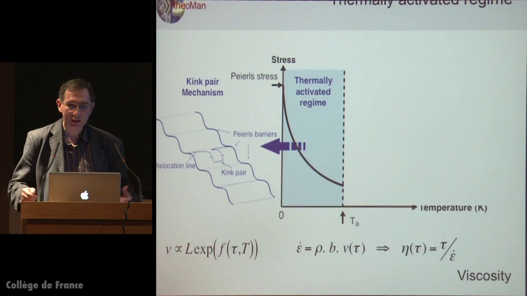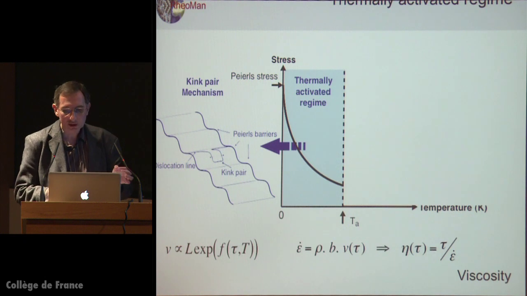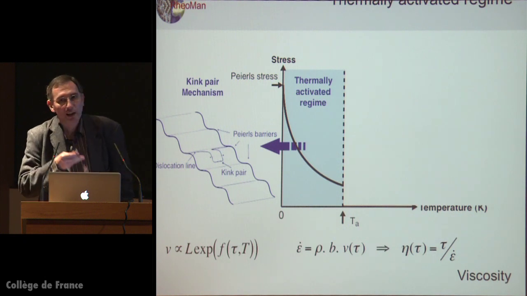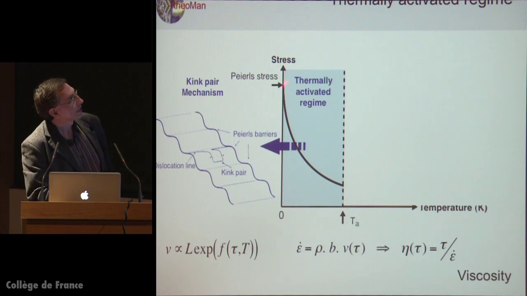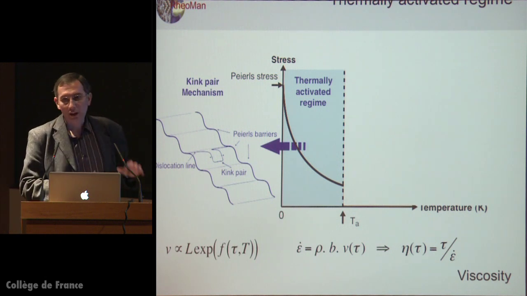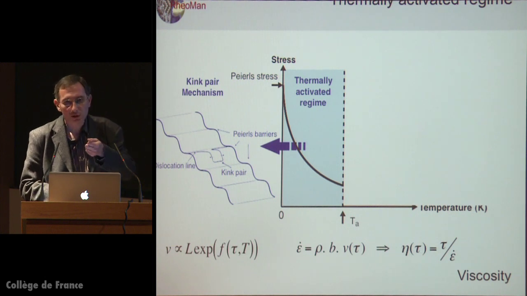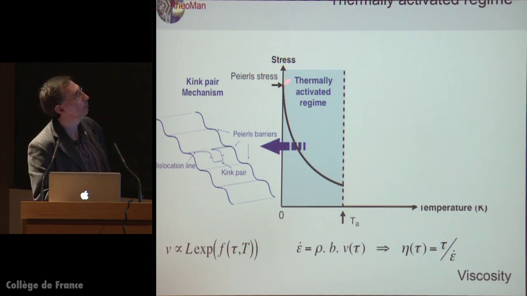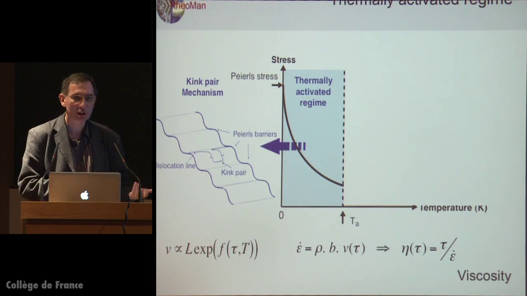How do we go to the next scale? Well, we have to understand how those individual properties mix to go to the actual physical property that we see at the macroscopic scale. We can start here at 0 Kelvin, where we don't have temperature. We just have to use brute force and push on the dislocation. We call that the Peierls stress. But as soon as we add temperature, we have this interplay between stress and temperature.